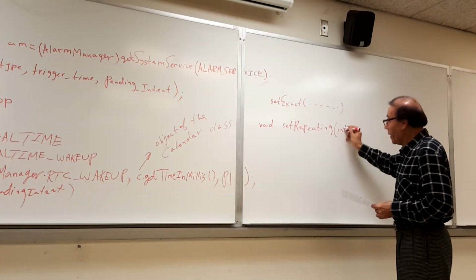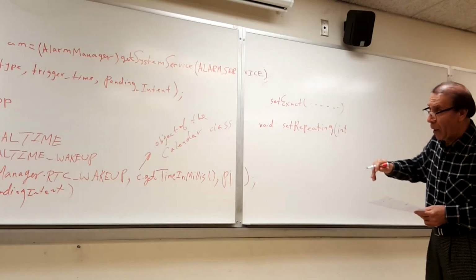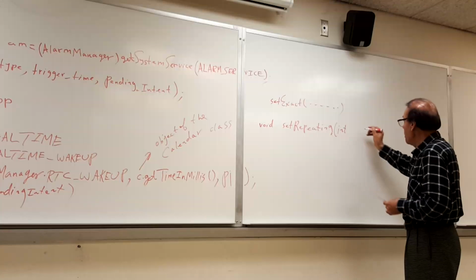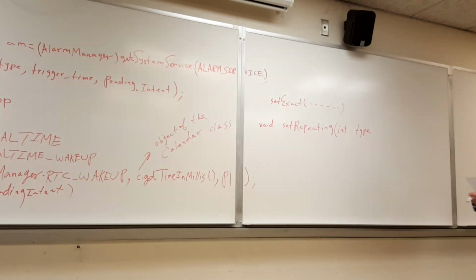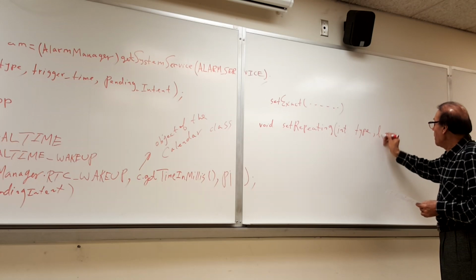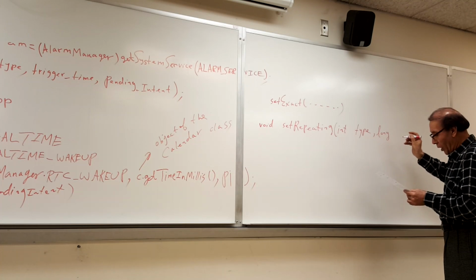The first argument is the same, alarm type. I'll just put type. It means alarm type is integer. The second argument is again time, long trigger time.